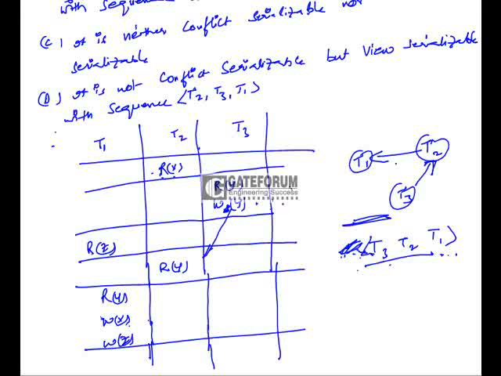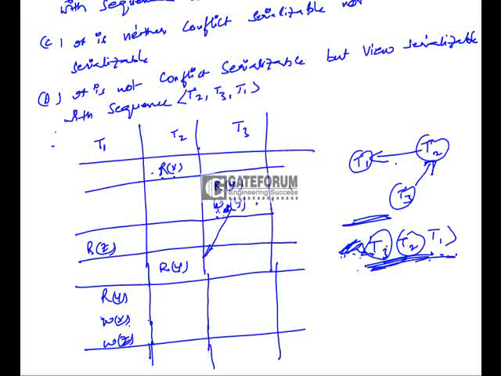And here T2 is reading the value written by T3. That is, T2 is reading data item Y written by T3 in the given schedule, and the same thing is happening in the equivalent serial schedule also. Here after T3, T2 will be performed.